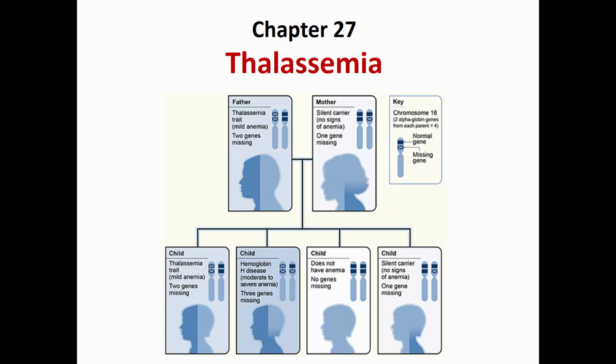It's going to be more about the quality, not quantity, of the hemoglobins. So if you have a mutation, you produce the hemoglobin just fine, but under certain circumstances, such as low oxygen tension, the hemoglobin is going to change its conformation, and then that's going to result in a destruction of red blood cells.